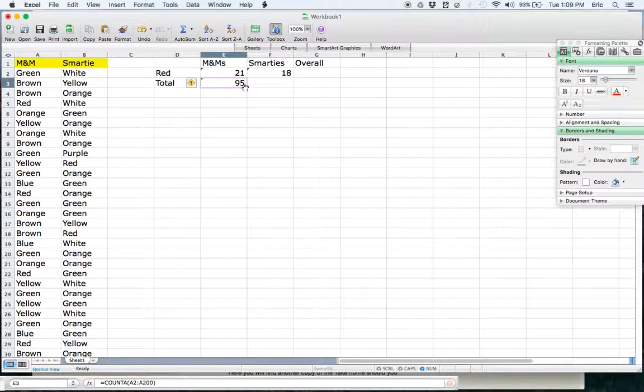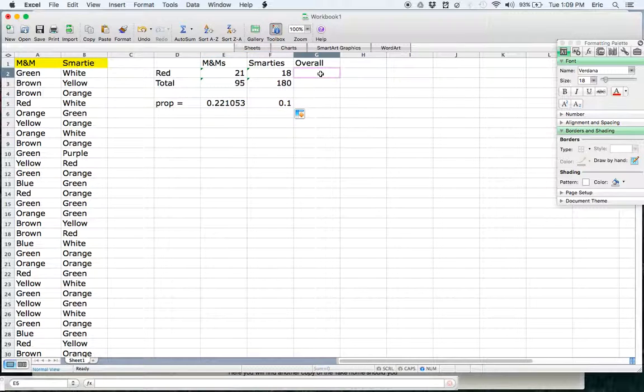And likewise, I need to do that for the Smarties as well, so then I can figure the proportion, just by taking the successes over the total count, and do that for Smarties as well.